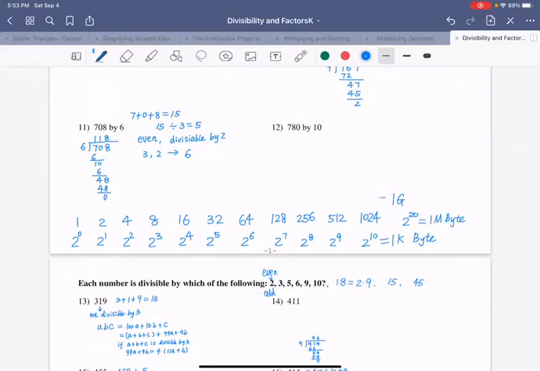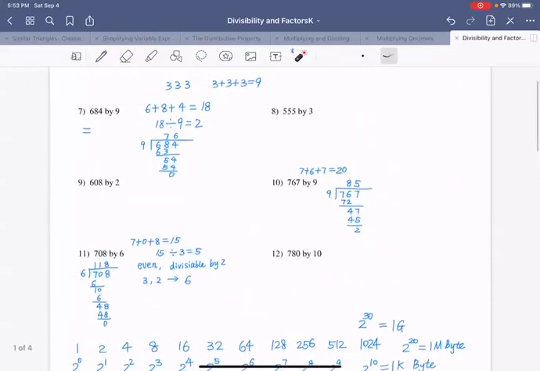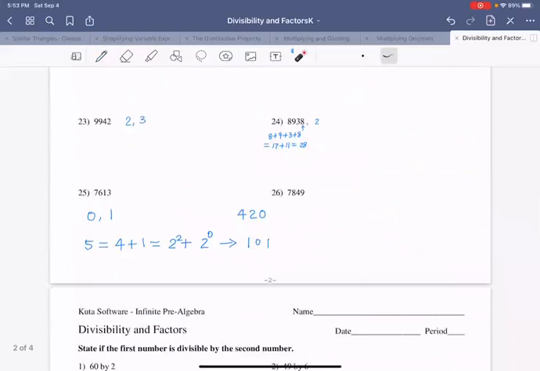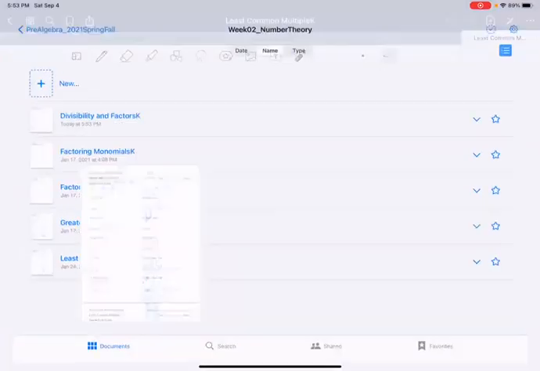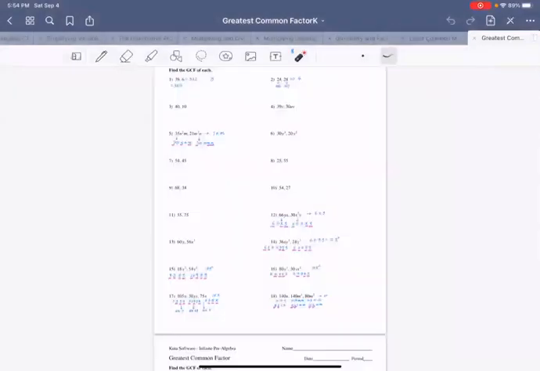And 2 to the power 30 is 1 G. Okay, that's what we're talking about, those kinds of data amounts. This is about those factorings. Now we want to look for those least common multiples and greatest common factors.